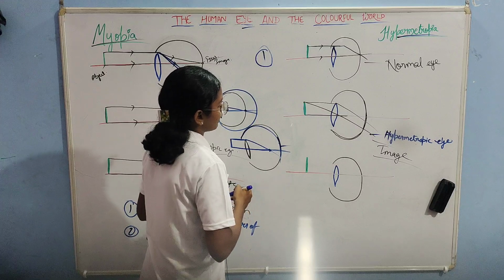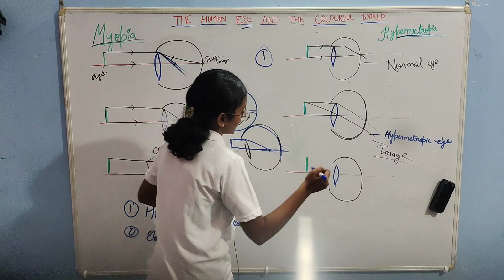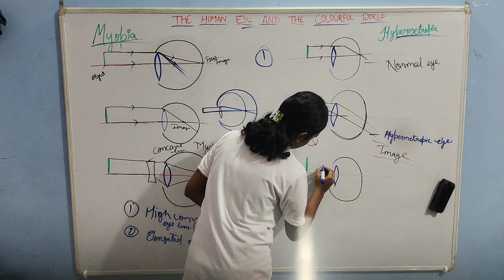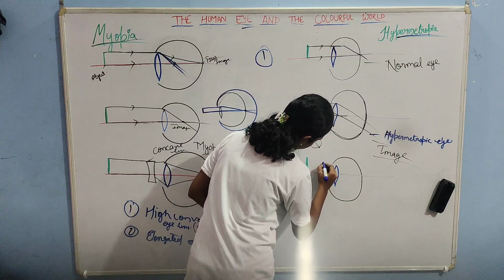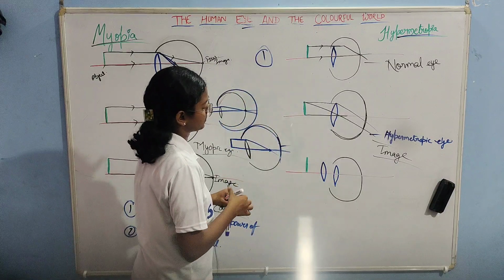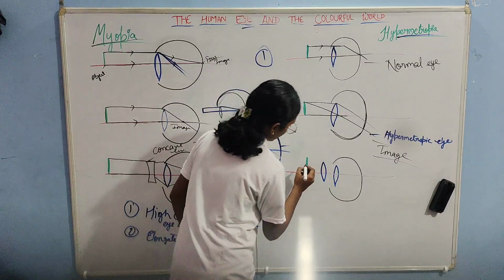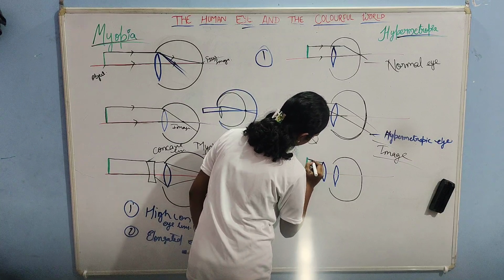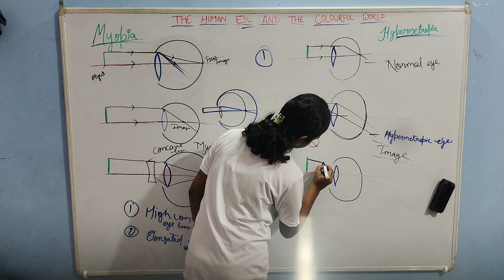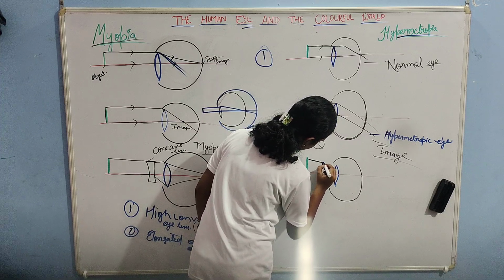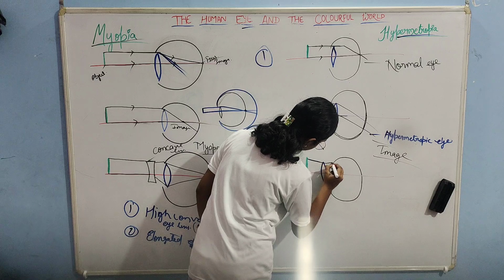Now, how can it be corrected? It can be corrected by using a convex lens. By using a convex lens, first the light rays will pass. They get refracted.